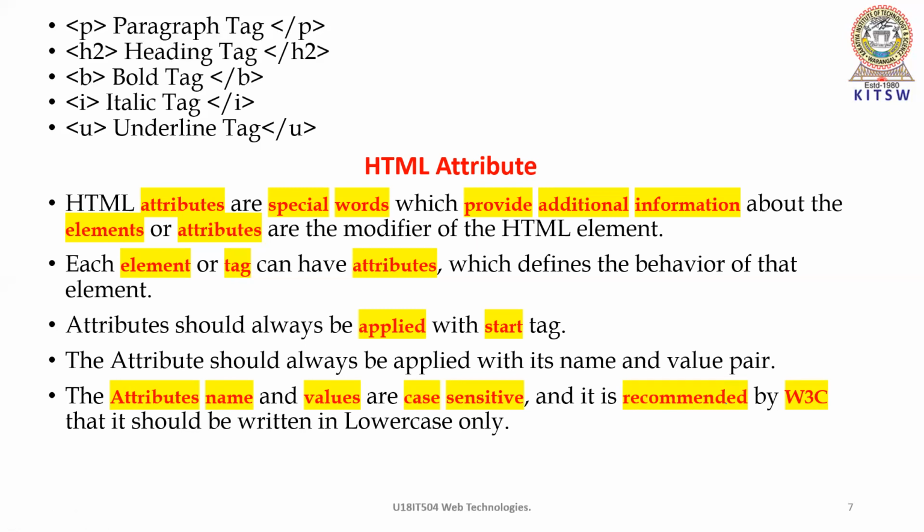So this is about syntax: element, attribute name, value, content, and element. So this is an example. Style is an attribute. What does it define? The paragraph is displayed in this format.